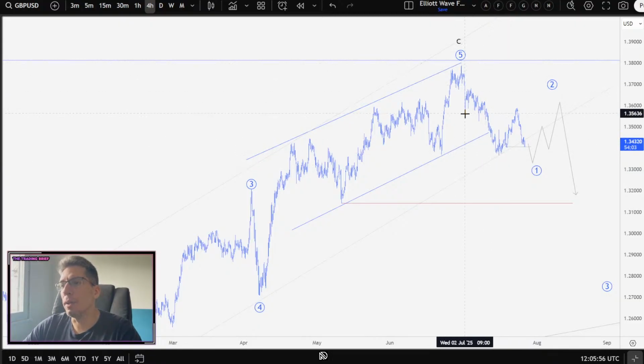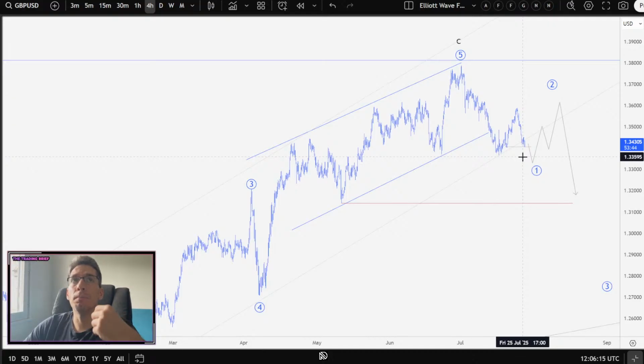If you start counting, we have 1, 2, 3, 4, 5. How everything looks, since wave 4 entered the territory of the wave 2, we need to go with the idea that this wave 1 should be a leading diagonal. And if that's the case, we need to take into account what?